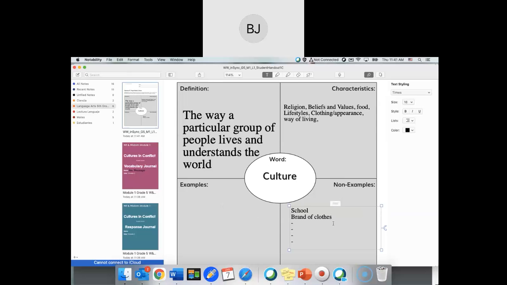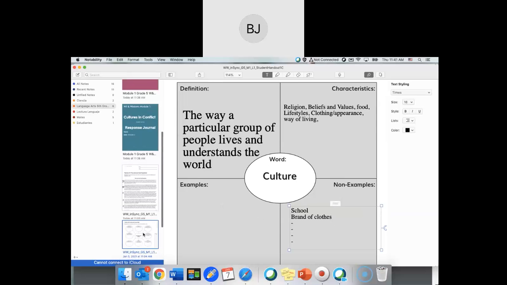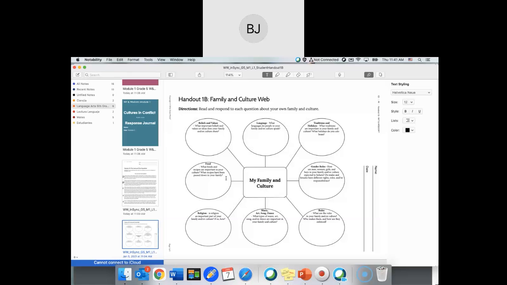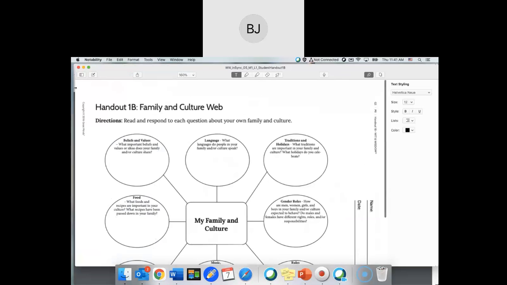Maybe school, that's not necessarily part of our culture. Would it count as a brand of clothes you wear? That's not really a type of culture. If you think of clothing, but maybe it's a specific brand of clothes. We're not going to wear Supreme brand or Gap because of your culture.